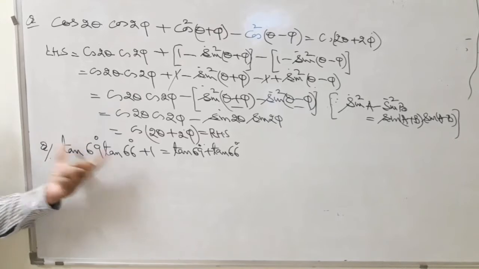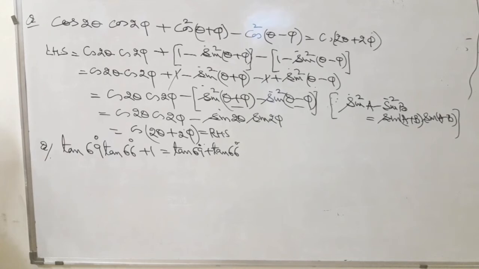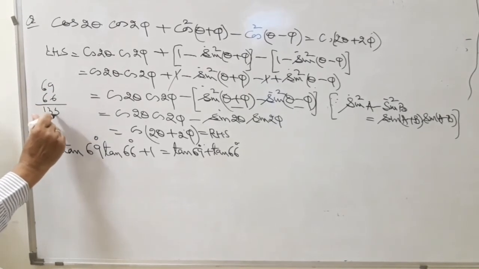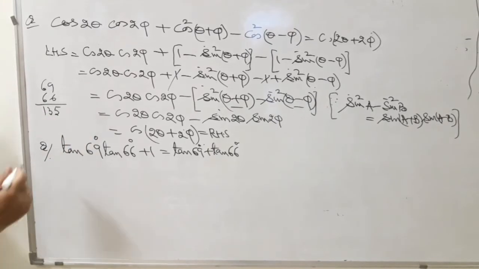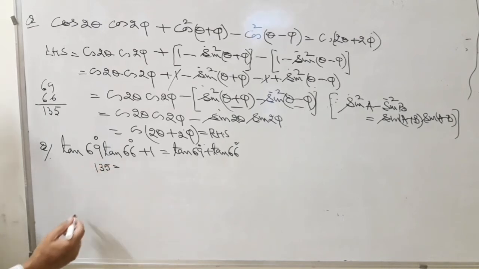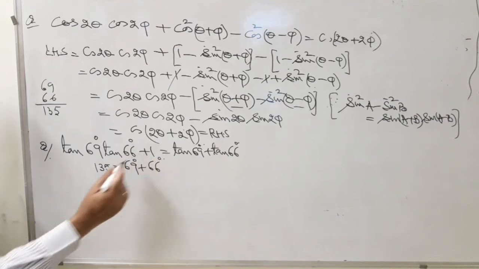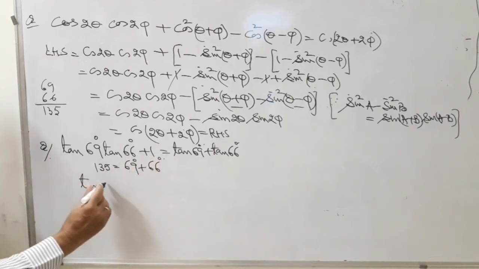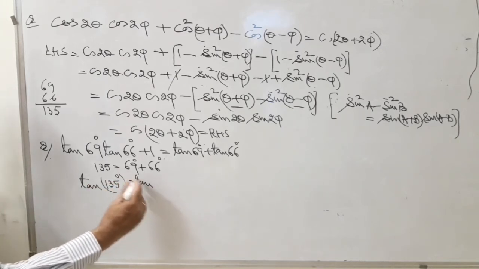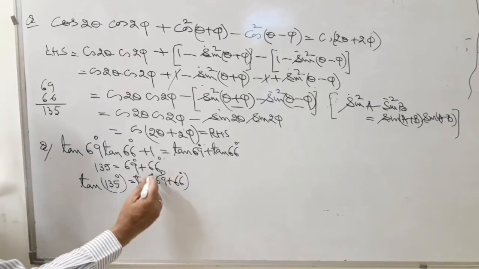The solution for this is that you suppose 69 plus 66. It is 135. So I just say 135 degrees is equal to 69 degrees plus 66 degrees. Or if you take a tangent of this, tangent 135 degrees is tangent of 69 degrees plus 66 degrees.